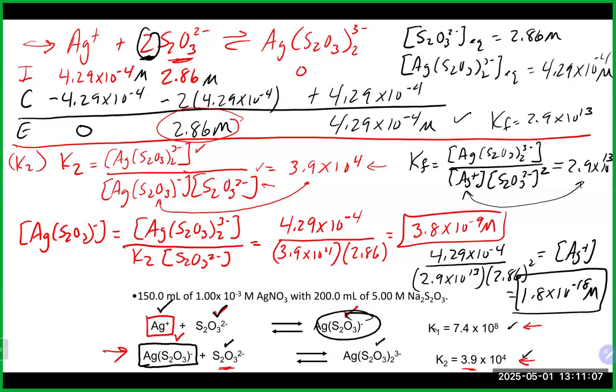We've got one more little thing here to talk about. So obviously, as we've seen here, there's a couple different approaches to these KF type problems. Typically the two things that you want to think about is you want to make sure you have the concentration of everybody once it's all mixed together. And again, those two assumptions that we make: because the KF value is relatively large, we do assume that all the metal gets tied up in the complex ion.